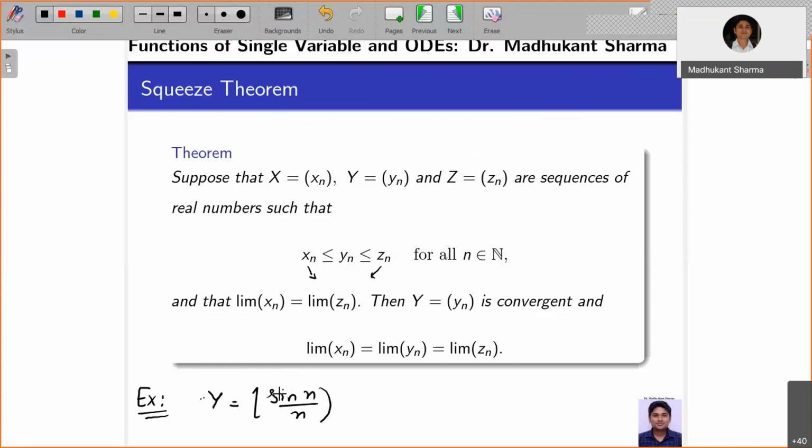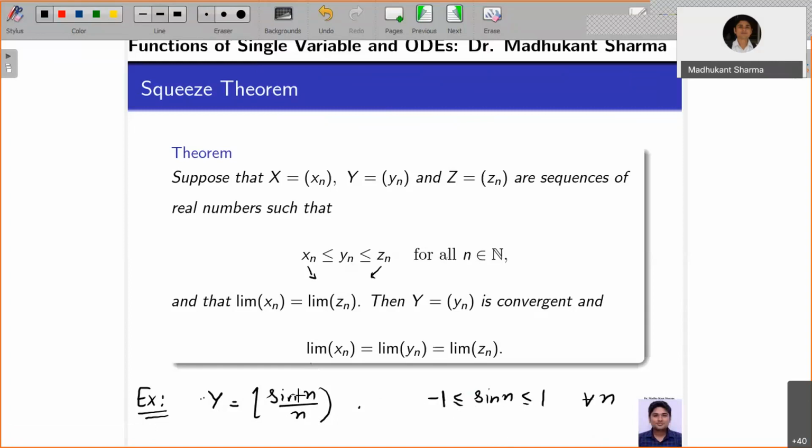So it's bounded, so the numerator is bounded. The denominator will dominate it, so the limiting value is going to be 0. That can be obtained by intuition. But how do you establish this? I will use the fact that -1 is less than or equal to sin n, less than or equal to 1, for every n.